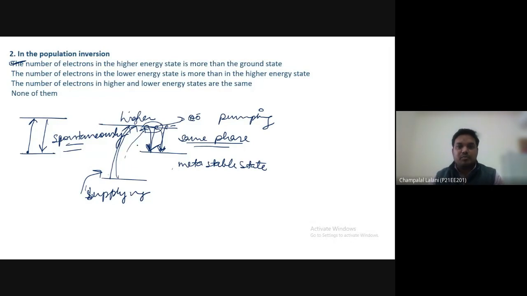This is what is called pumping. So through pumping, the electrons go from lower energy state to higher energy state, and then they all come to the metastable state and they remain in the same phase. So this makes the laser a coherent system, whereas this type of system is not in LED. That's why it is spontaneous, whereas in laser it is stimulated emission.